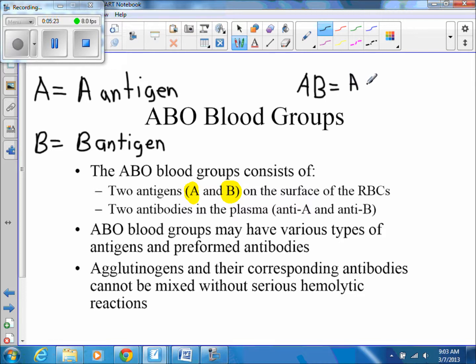So you'd have both antigens. And then finally, the fourth type, which is actually the most common, is type O blood. And if you have type O blood, that means you have no antigens.